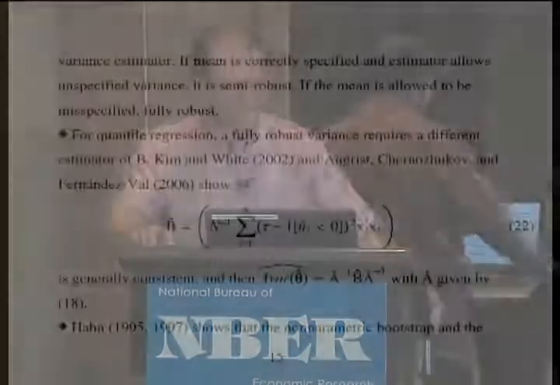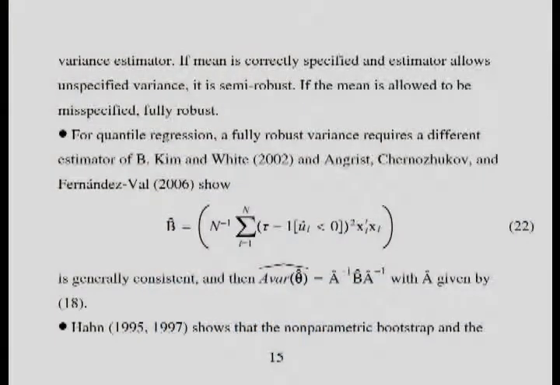In that case, there's a different estimate of B, actually, that needs to be used, and this has been worked out, and it's also a simple adjustment to the usual estimator. So the most robust estimator uses B hat in this formula and A hat in the formula that I just had up there in 18.